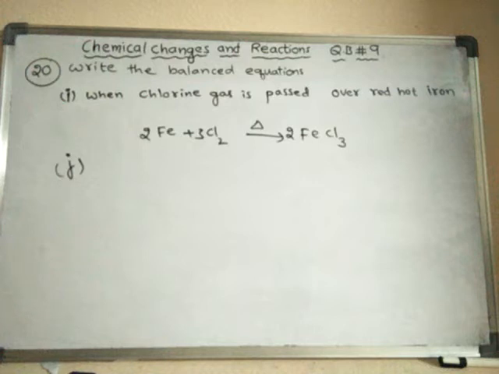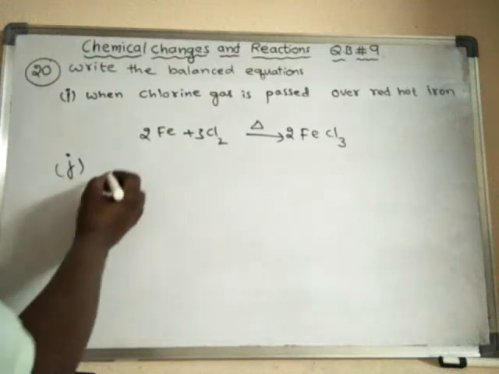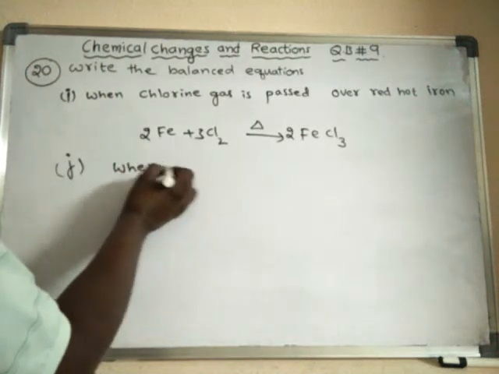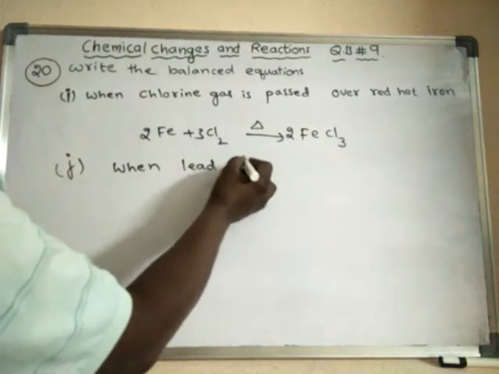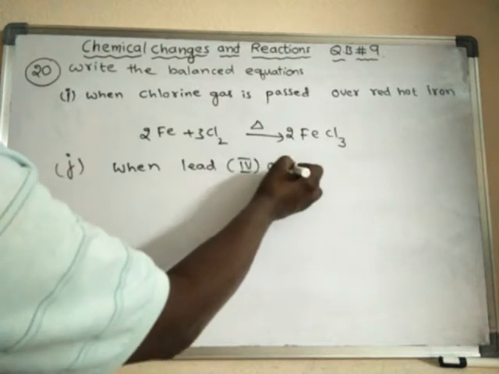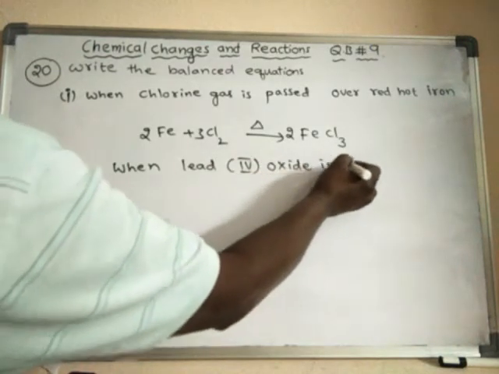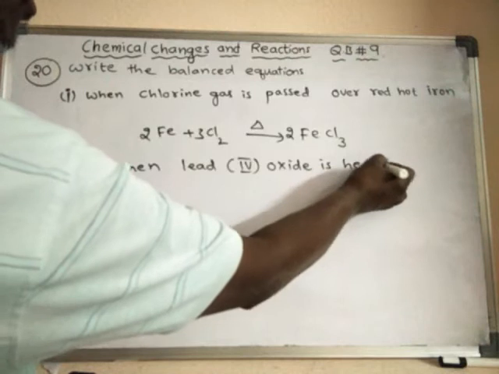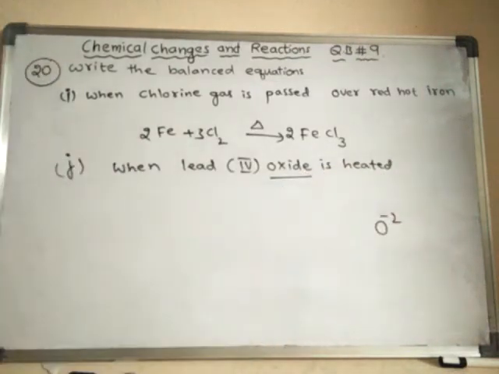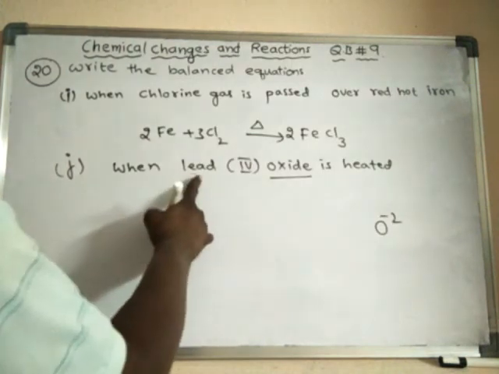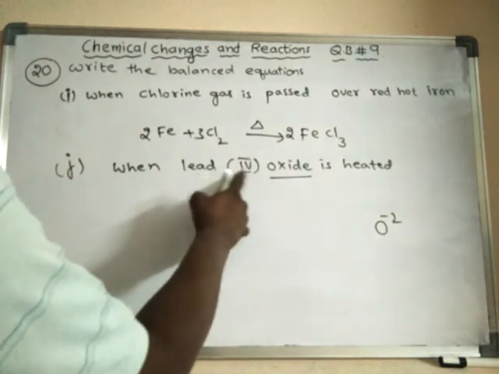What is the J question? When lead 4 oxide is heated. Oxide means O minus 2, but lead is in the form of 4.